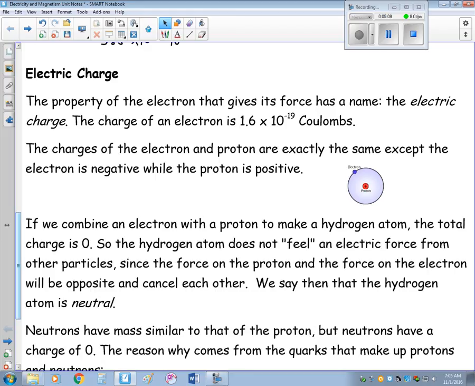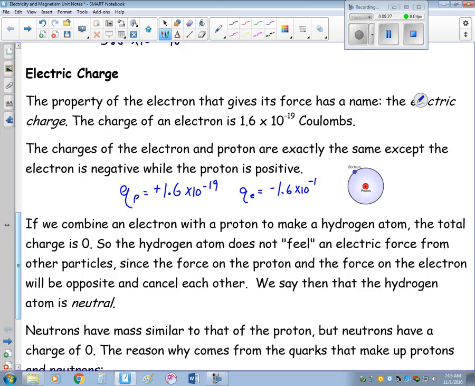So if I said the charge, we use a Q for charge, of the proton will be positive 1.6 times 10 to the negative 19th, while the charge of an electron is negative 1.6 times 10 to the negative 19th. And these are coulombs.